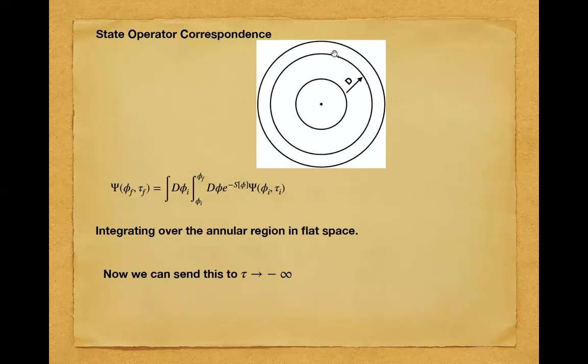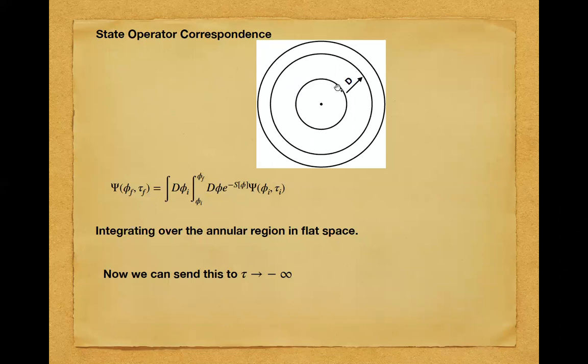Then you want to write down a state psi, and see how it is related to a state on the innermost sphere, where a field configuration phi I is given and you know the state there. So you write it like psi phi I tau I, which gives you the state on this sphere.